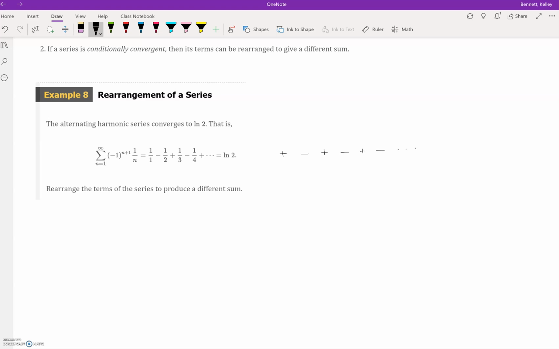I'm going to rearrange mine in a plus minus minus, plus minus minus, plus minus minus, where these ones are going to be my odd denominators, and these ones are going to be even denominators.